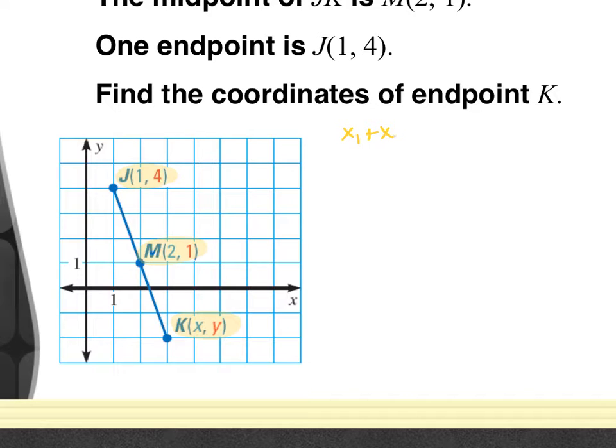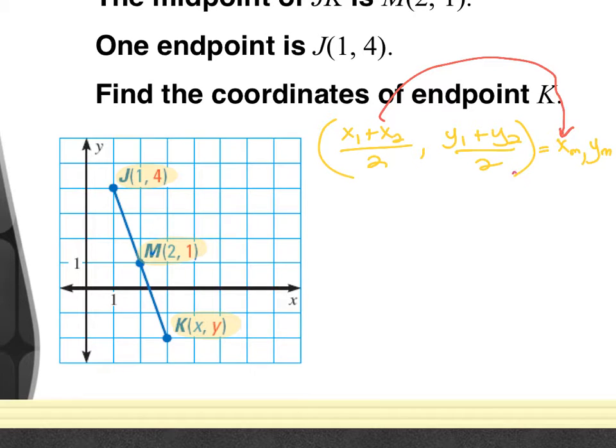Think about how this works. x1 plus x2 over 2 and y1 plus y2 over 2 gives you the midpoint, which is your x, m, y, m, right? Because it's the x of your midpoint and the y of your midpoint. Which means you can actually split these. I can say that this equals this number and this equals this number. You with me?